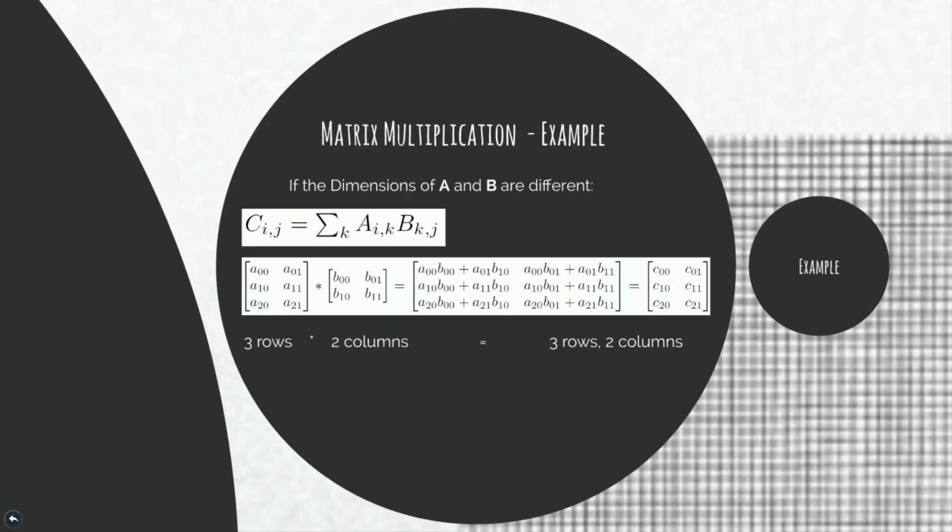We have 2 columns in A in this example, and then 2 rows in B. So we have a 3 by 2 matrix being multiplied by a 2 by 2 matrix, and our output is going to have 3 rows and 2 columns. So however many rows in A that you have, that's how many rows you're going to have in C. However many columns in B that you have, that's how many columns you're going to have in C. And this is following that same matrix multiplication formula.